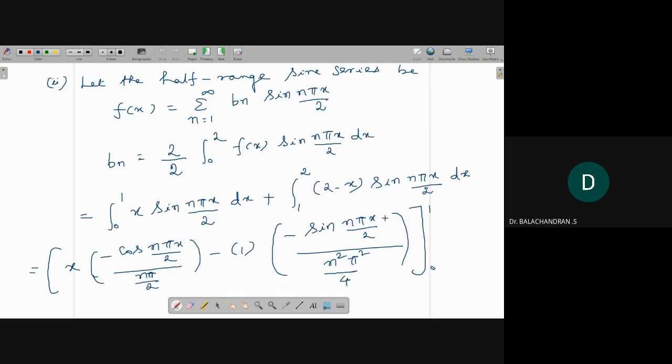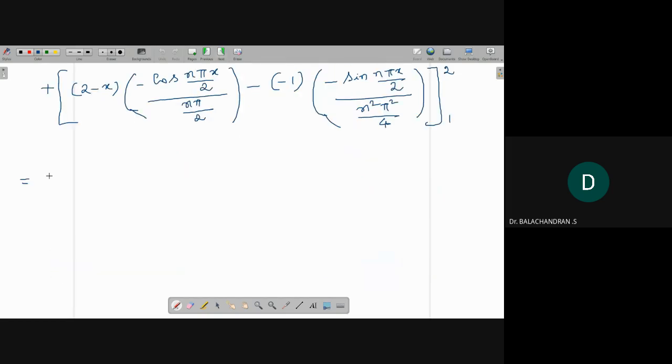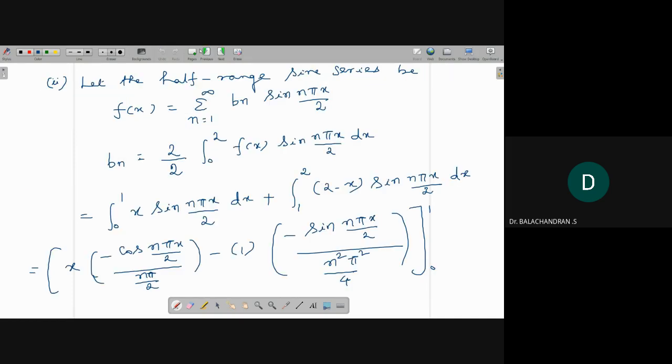Okay, if I substitute x is equal to 1, minus 2 by n pi into cos(n pi by 2).